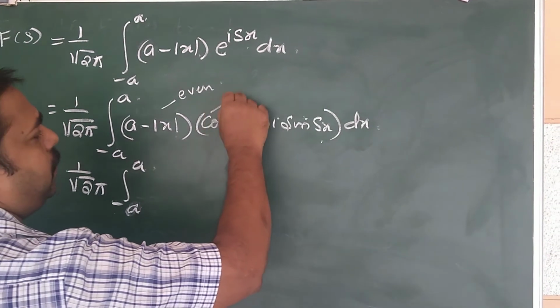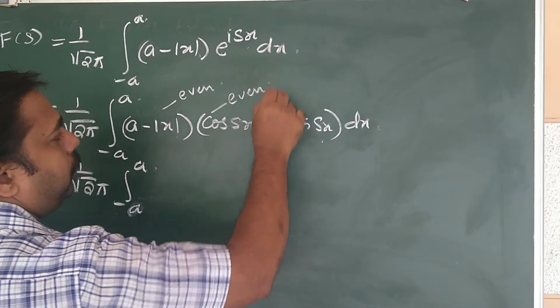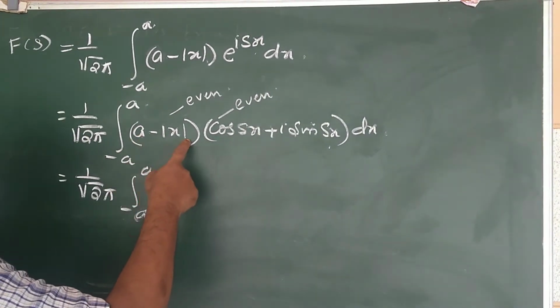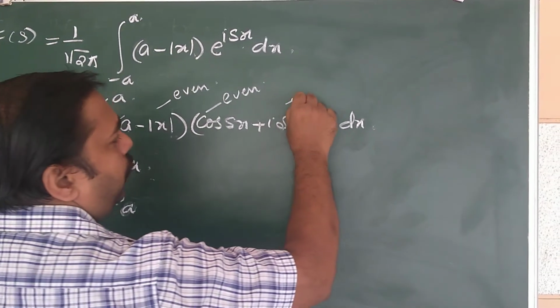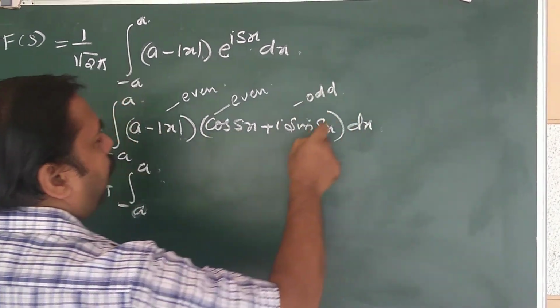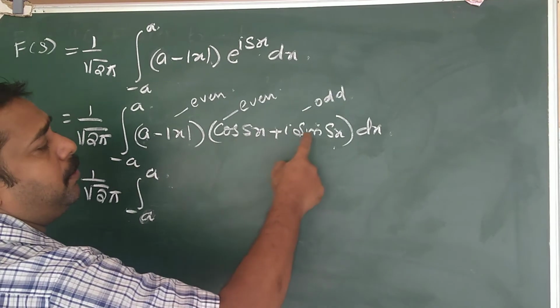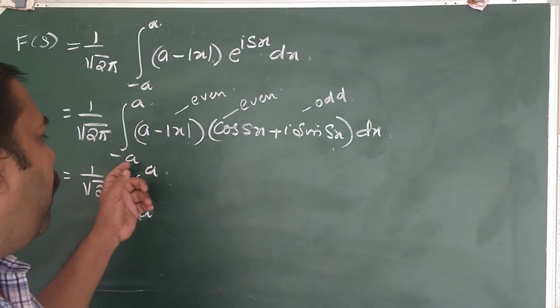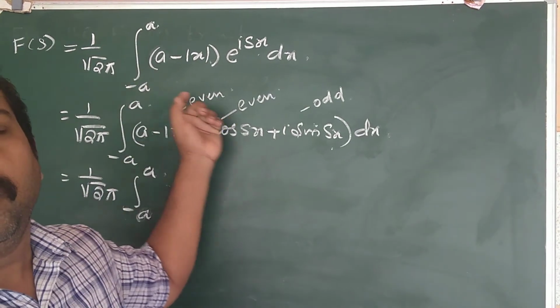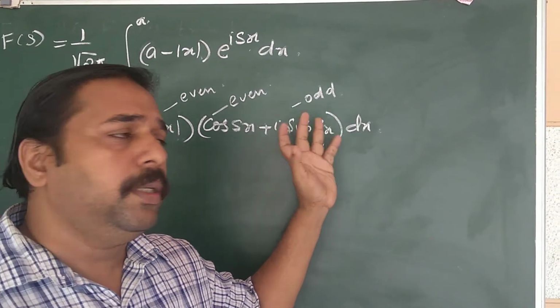Then cos sx is an even function, so a minus mod x into cos sx is an even function. And sin sx is an odd function. Therefore a minus mod x into sin sx is an odd function. So for minus a to a, the integral of an odd function is equal to 0.